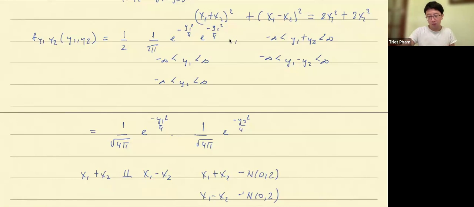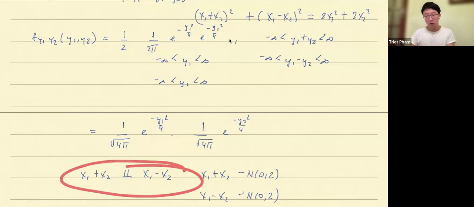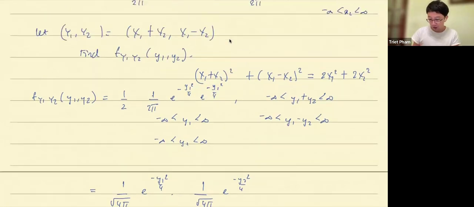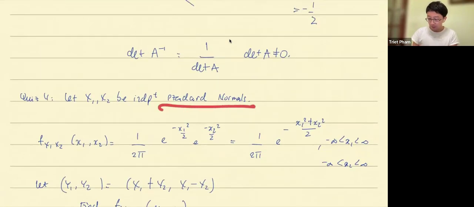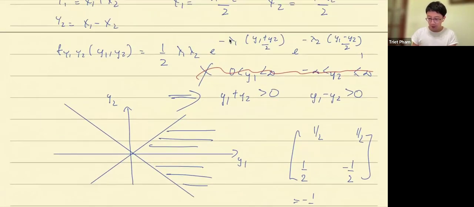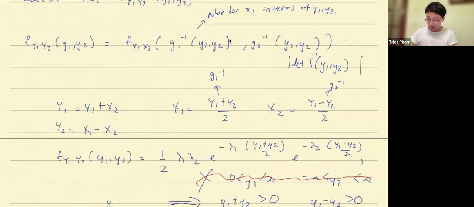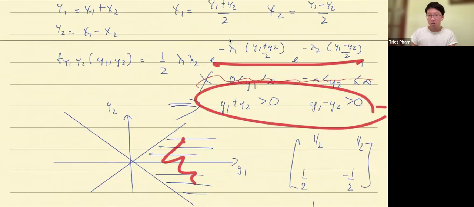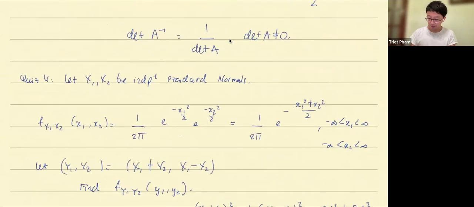So that's why we need rigorous results or rigorous tools to check that they're independent. But of course, this result only applies to the standard normal. As you can see with the exponentials, they clearly are not independent.